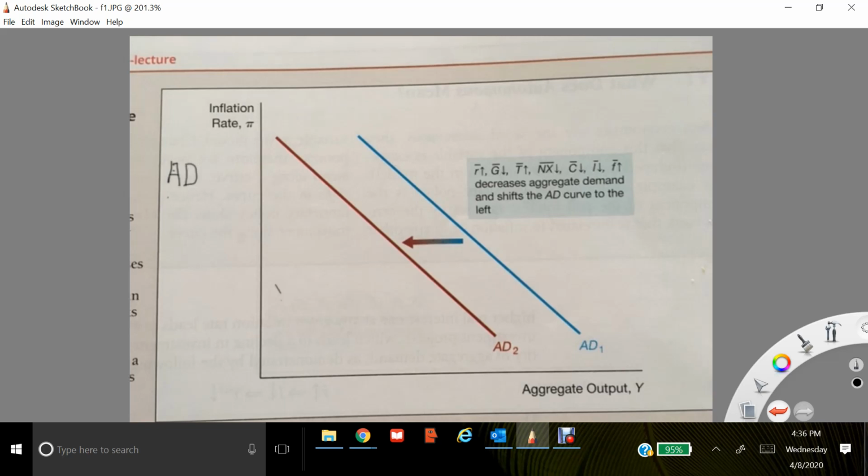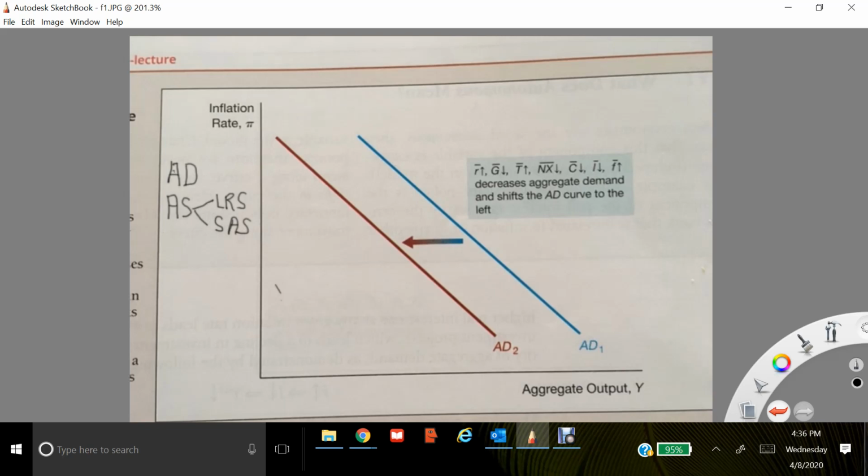Then we're going to derive the aggregate supply curve, and this really is two curves. The long run supply curve and the short run aggregate supply curve. I forgot it. We'll see what letters they use in a minute.